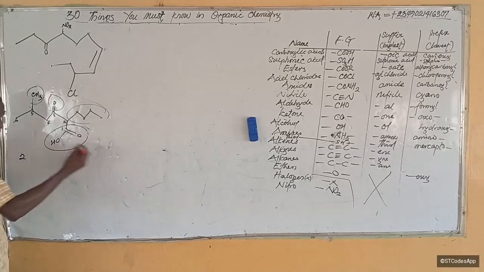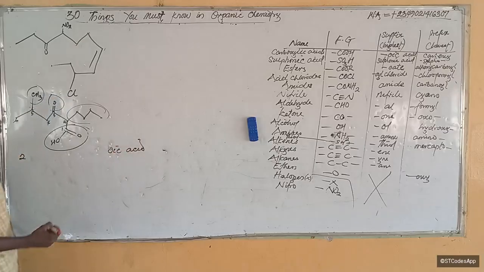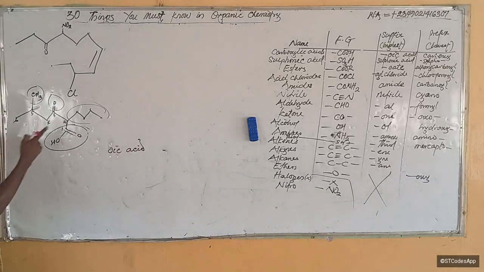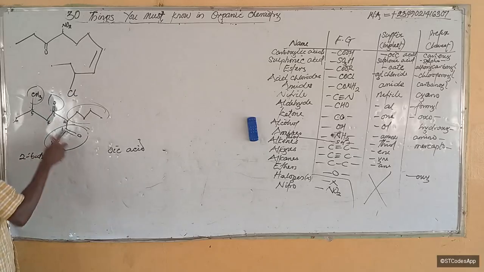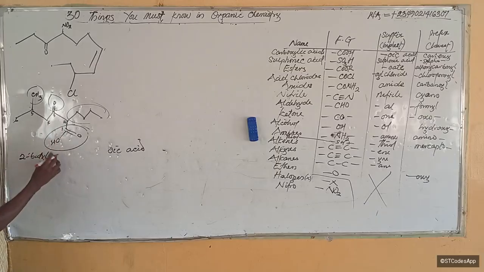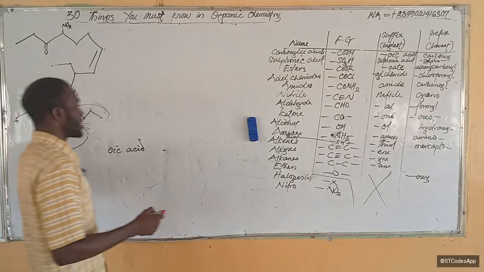This being our family name becomes oic acid, so our name is going to end with oic acid. Then the first substituent we approach is on carbon 2, so that will be 2-butyl. What do we find on 3?